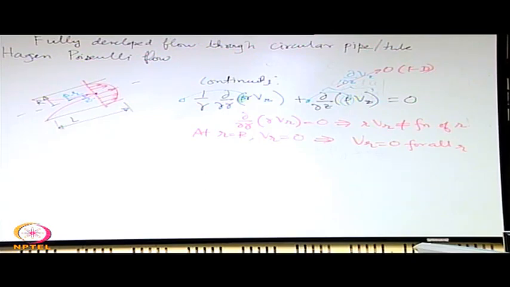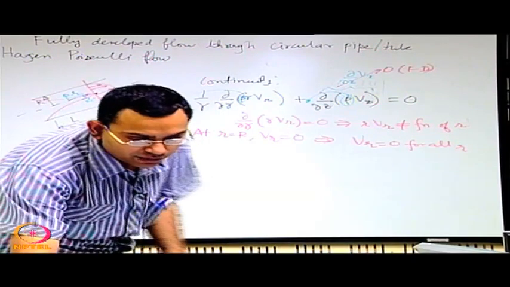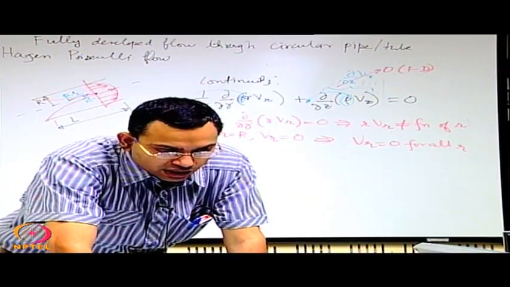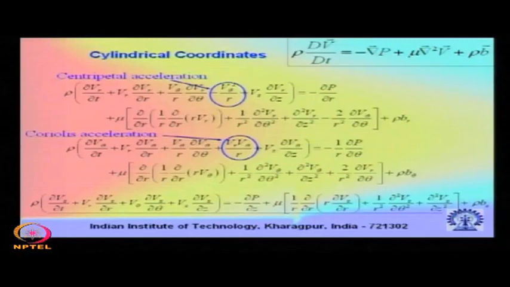Let us say, so we have how many versions of the momentum equation? If you see the cylindrical coordinates, you have the r, theta and z. So let us look into the case with theta. First of all, what about the derivatives with respect to theta? If you look into these equations, you will see that there are lots of terms which are having derivatives with respect to theta.